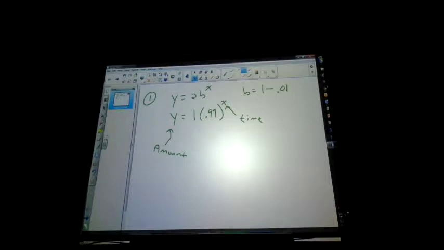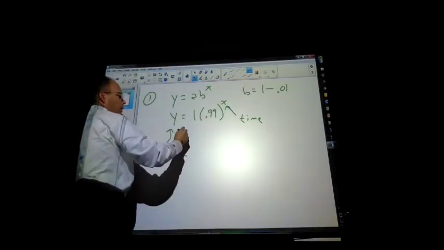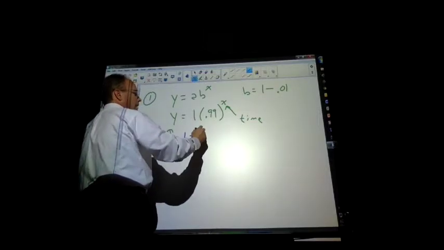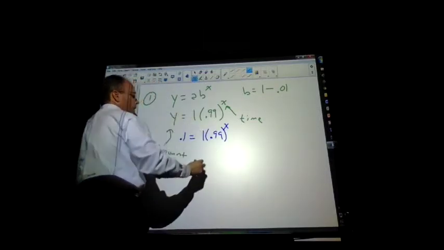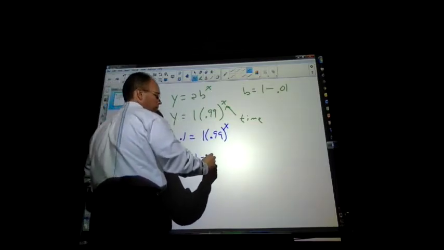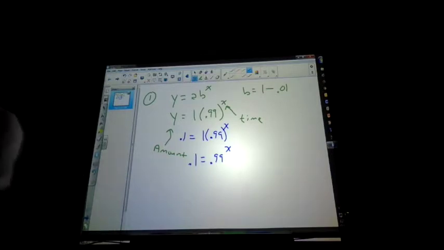So, if we want to know when we'll have 0.1 grams left, we're going to do this. 0.1 equals 1 times that. So I'm going to write that a little easier. Why can I get rid of the 1? Because 1 times a quantity is a quantity, right?